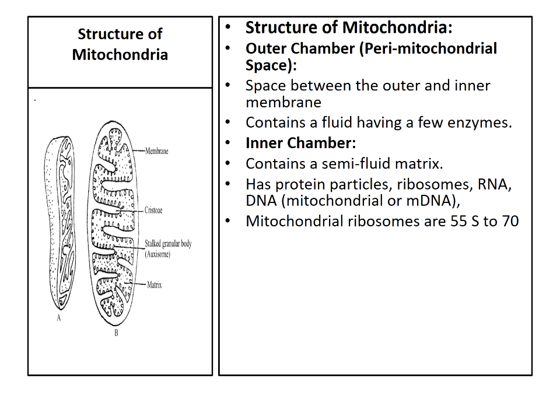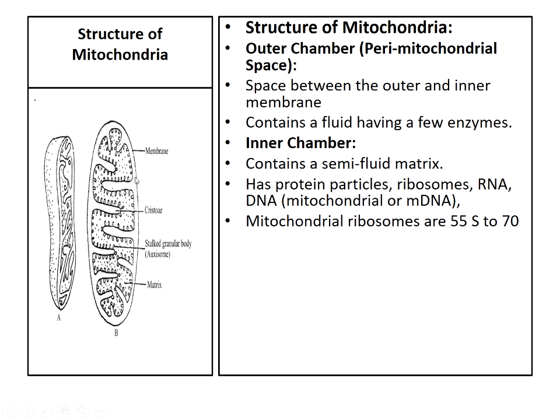Next is the outer chamber, also called the perimitochondrial space. The chamber is the space that lies between the outer and inner membrane of the mitochondrial envelope.